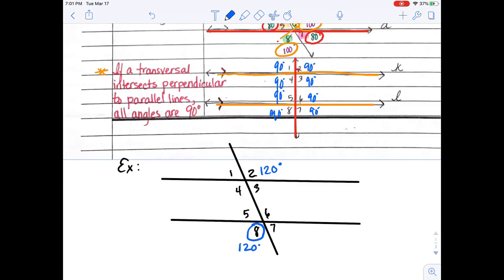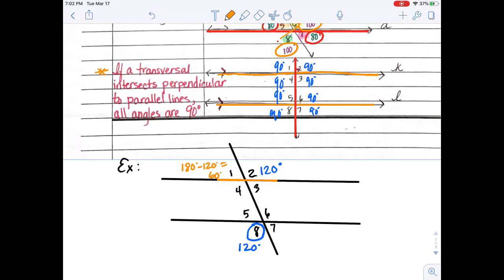Now what about angle 1? Angle 1 and 2 make a straight line, so it's supplemental. I'm going to find angle 1 by taking the 180 for my supplementary, has to be a straight line, minus the 120 that I already know from angle 2, and you now figure it has to be 60 degrees.